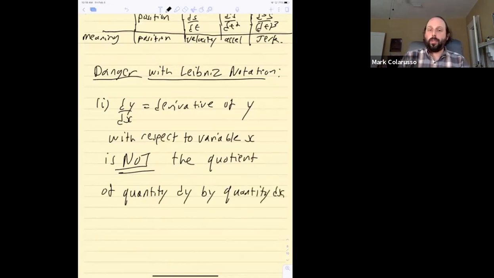So you cannot treat this as a quotient of dy by dx. Intuitively, it's a slope. You think of it as rise over run instantaneously. That's what the little d's are for. But you cannot manipulate it like you would a fraction a over b.